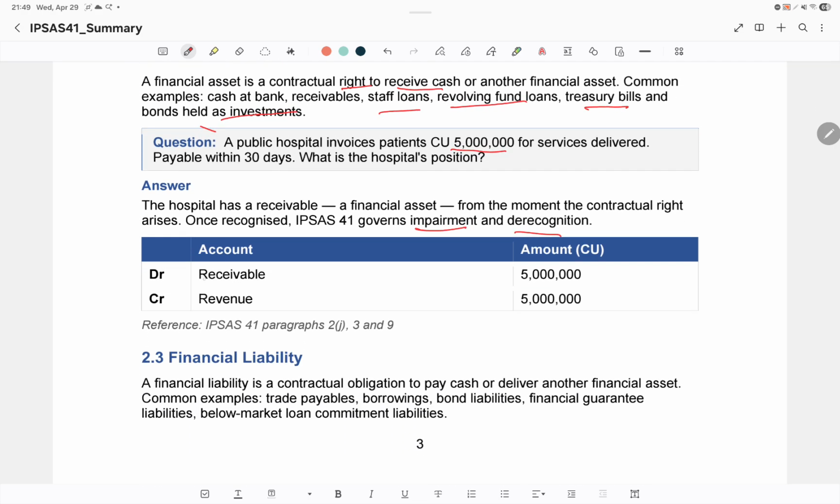So the moment you debit receivable and credit revenue, then what IPSAS 41 governs is on the side of impairment. The revenue is covered under IPSAS 47.